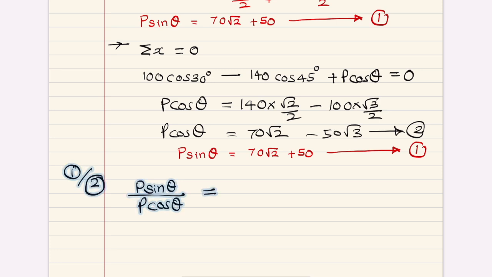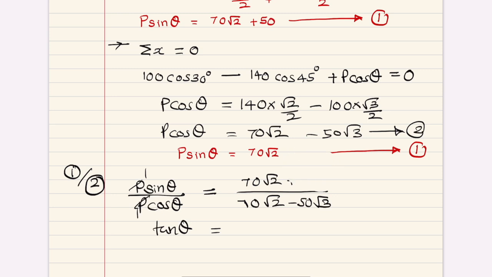Here P is going to get cancelled straight away. Now write the red color bits on top because it's the first equation I considered: 70 root 2 plus 50 divided by 70 root 2 minus 50 root 3. Now sine divided by cos will be tan theta.